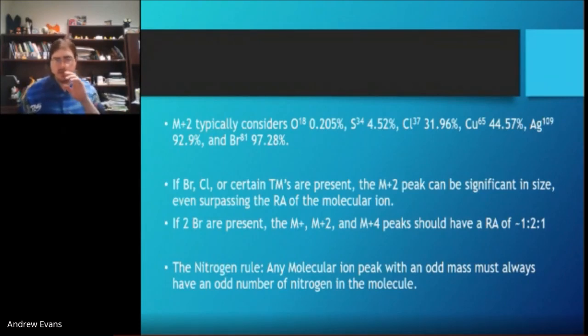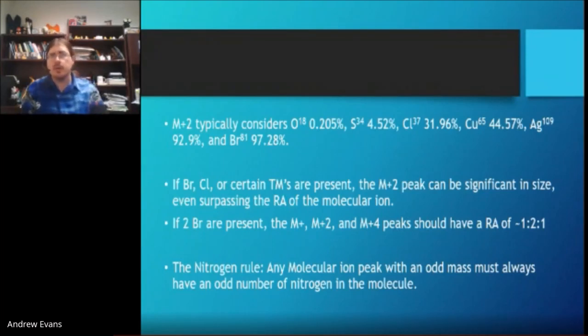As long as it's a neutral nitrogen, it will have an odd mass. And for every odd number of nitrogens in a compound, you will have an odd molecular ion peak. So if you have 2 nitrogens, they cancel each other out, so you go back to having even again. So 1 nitrogen, 3 nitrogens, 5 nitrogens, all will have an odd molecular ion peak.